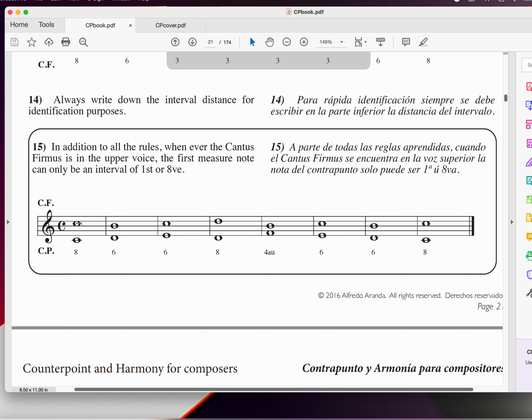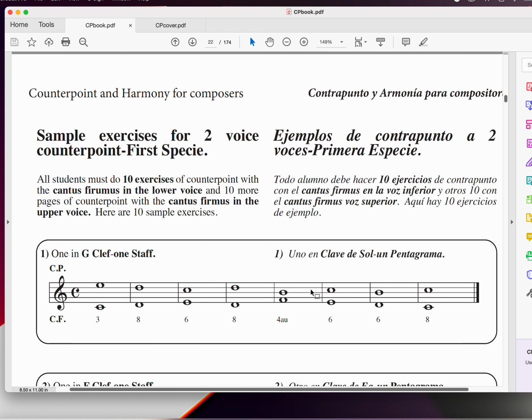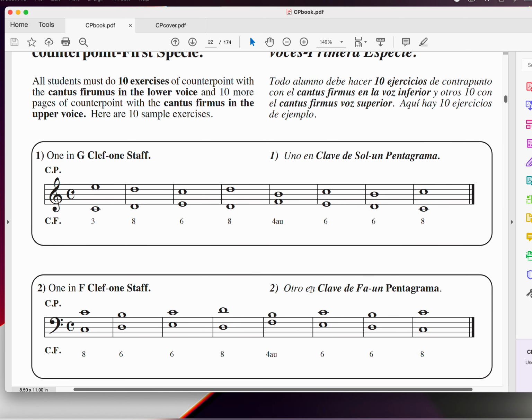Only that the first and the last note need to be the fundamental of the scale. So have fun creating all these examples, and you can do them in any key.